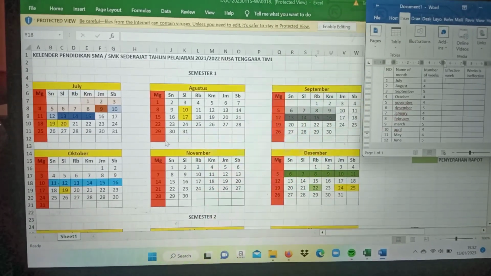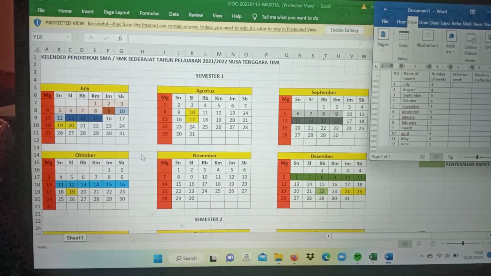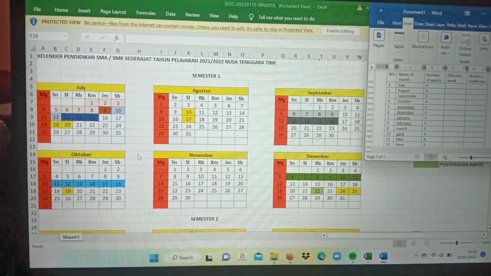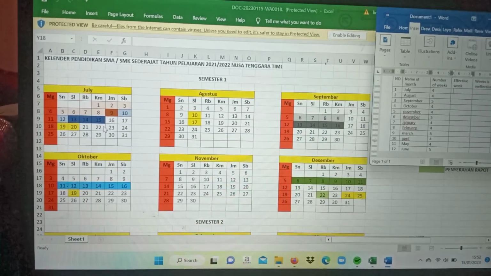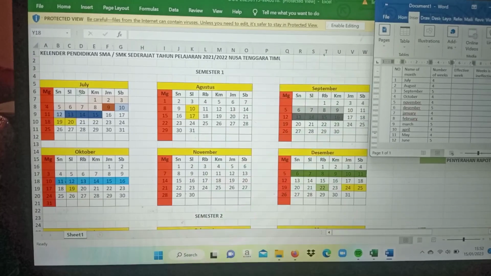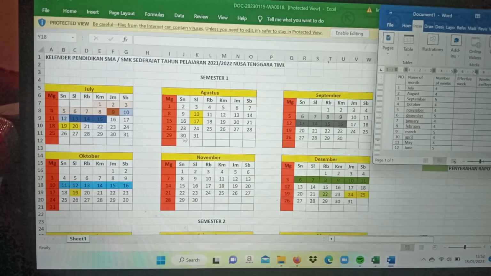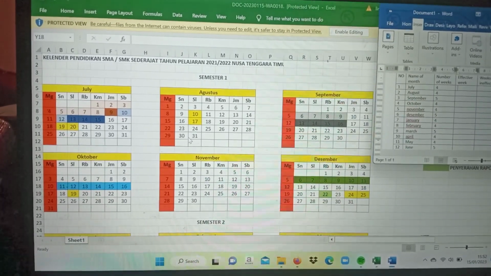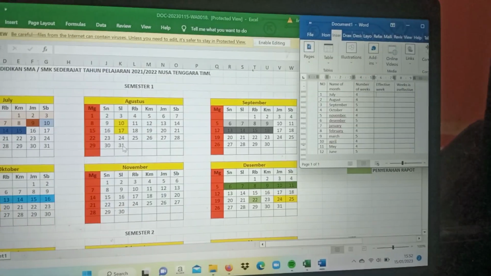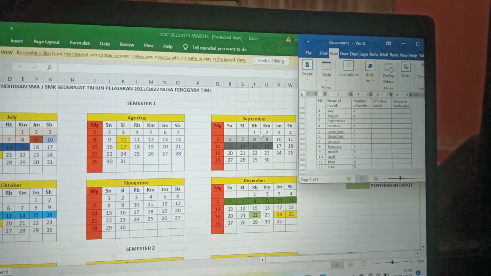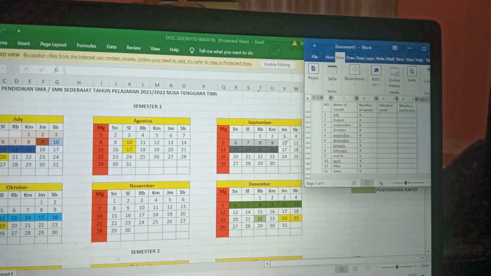So the effective weeks within 1 month are calculated with the condition that in 1 week there are more than 3 effective days. For example, like this, the fifth week in August only has 2 effective days, and the first week in September has 4 effective days.